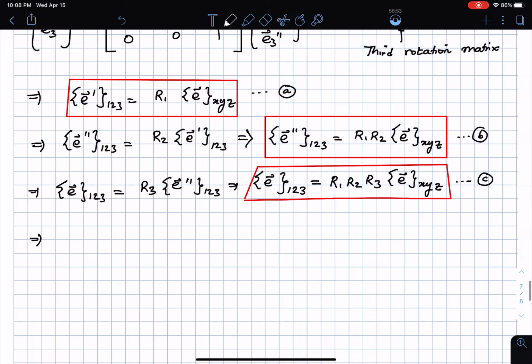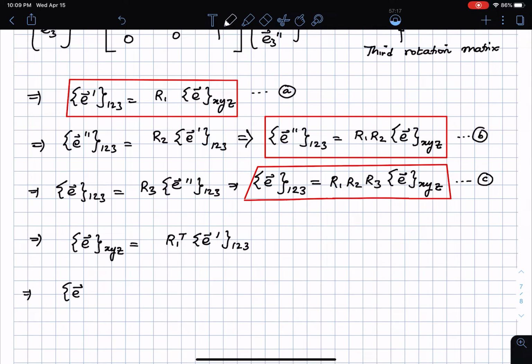This tells me that E x y z is the same as r1 transpose e prime 1 2 3, pardon me for that error.